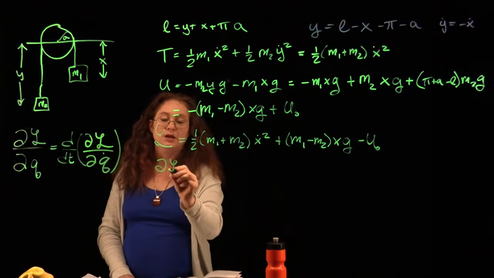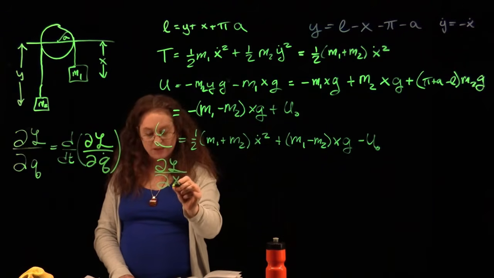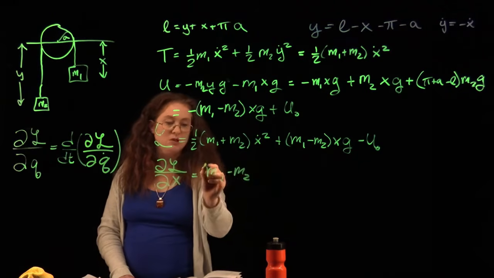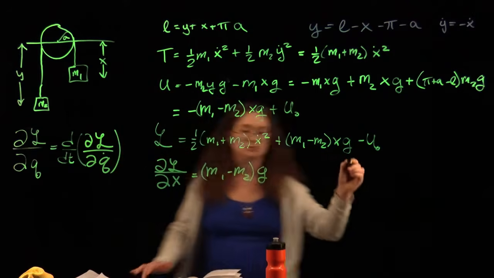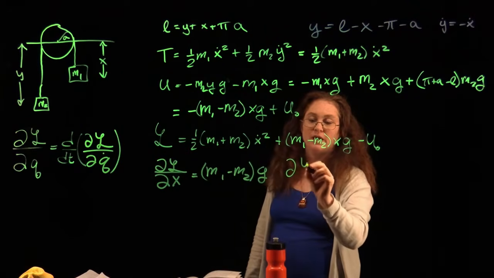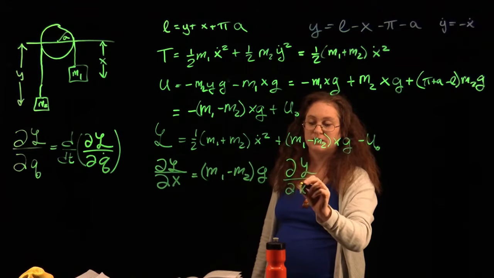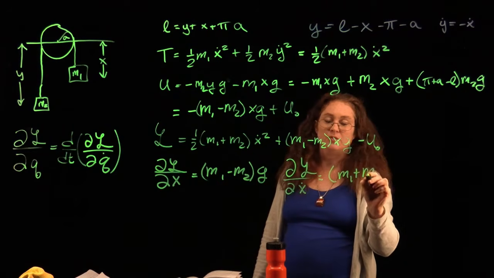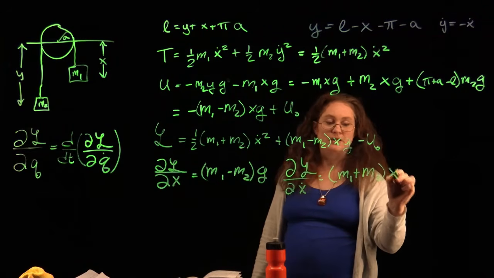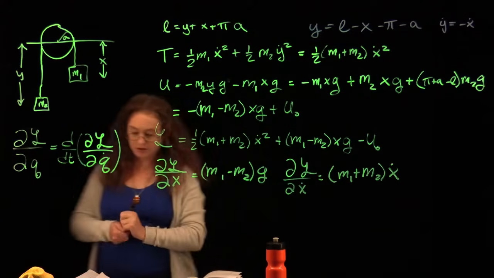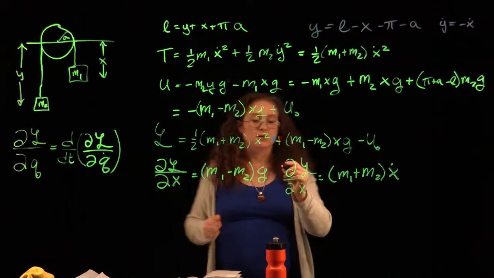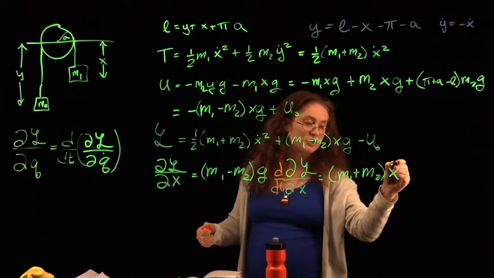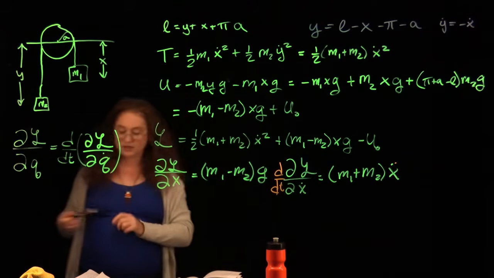So we're going to take our derivatives. Partial L partial x is equal to (m1 minus m2) times g. Partial L partial x dot is equal to (m1 plus m2) x dot. And here I'm going to be a little bit lazy. I take the time derivative of this, and instead of rewriting it, I'm switching colors, and I get a dot there.